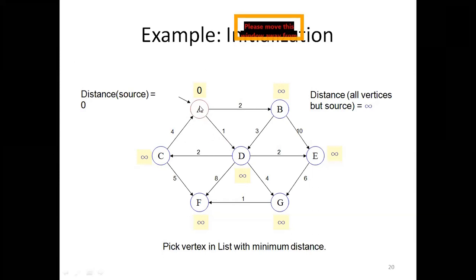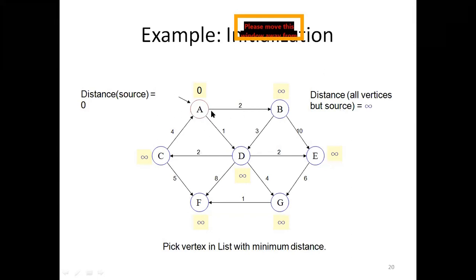Here we are considering the source vertex as A. Now consider the remaining vertices. For all vertices except the source, the distance is infinity.